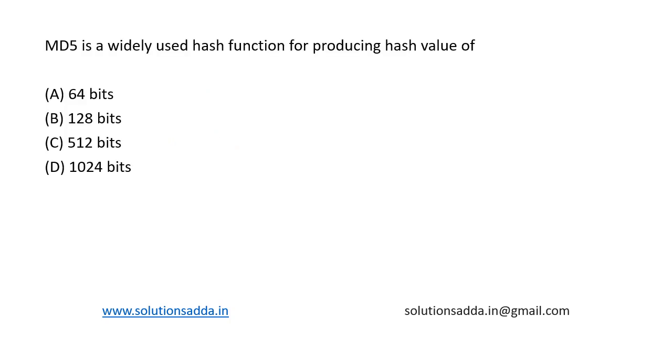This is a question from network security. MD5 is a widely used hash function for producing a hash value of 64 bits, 128 bits, 512 bits, or 1024 bits. The MD5 message digest algorithm is a cryptographically broken but still widely used hash function which produces a 128-bit hash.